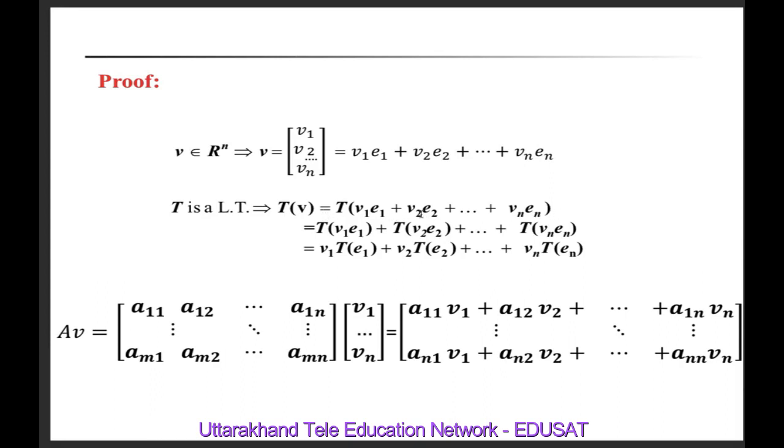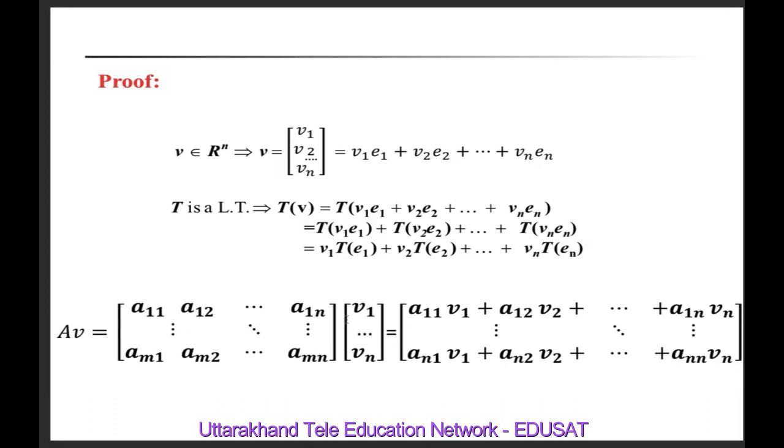Because T preserves vector addition, this is equal to T(V1 E1) plus T(V2 E2) plus ... plus T(Vn En). And this is equal to V1 TE1 plus V2 TE2 plus ... plus Vn TEn, because linear transformation also preserves scalar multiplication.